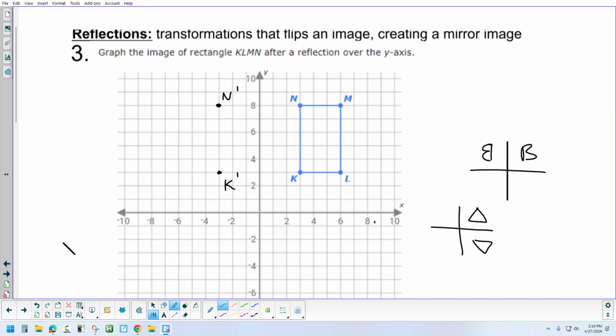So I would count from the line. So what point are we looking at? M, and we're figuring out how far away it is from the y-axis. So how far away is M from the y-axis? 3.